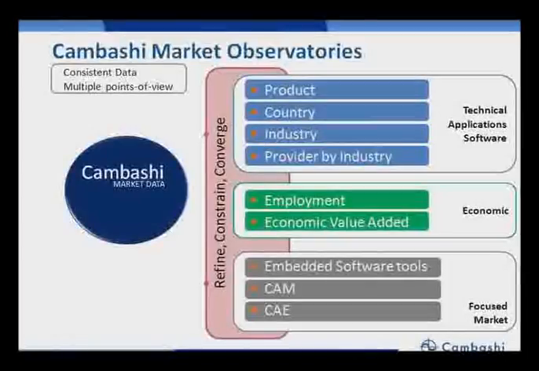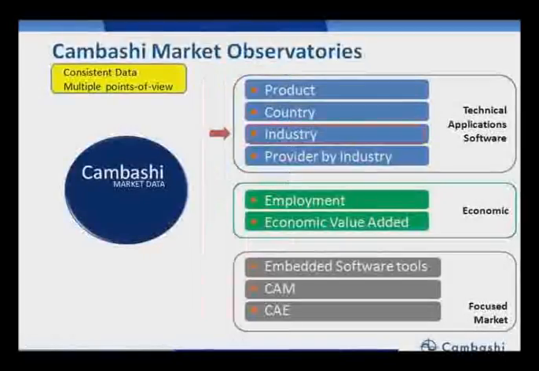The data comes from multiple sources, so we triangulate and improve the data. It's an iterative, refine, constrain, converge process. The result is consistent data and multiple views by product, by country, by industry, and combinations of these slices.